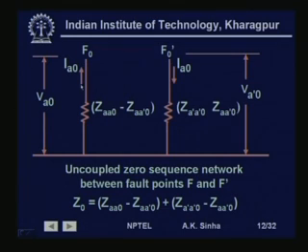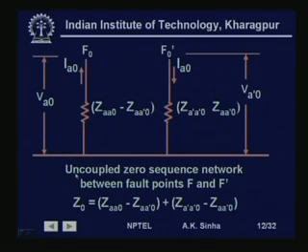Similarly, we can get the zero sequence network for these F0 and F0' points. So, here again the impedance is ZA0 minus ZA'0, and this impedance is ZA'0 minus ZA'0, and we see that negative and zero sequence networks do not have any voltage sources associated with them, which is what we had seen earlier also.